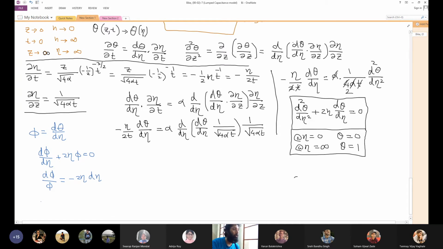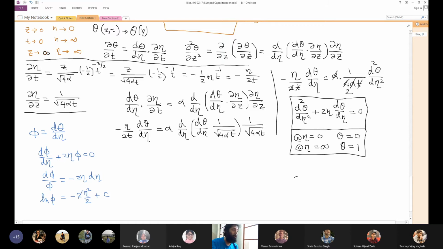So if we integrate, ln phi equals to negative twice eta square by 2 plus c, right?